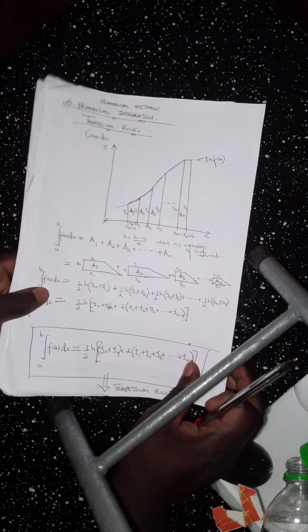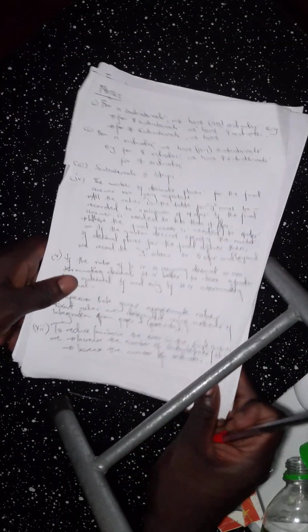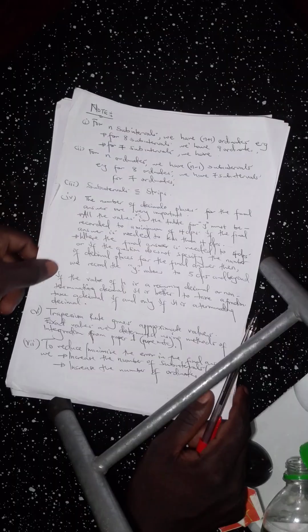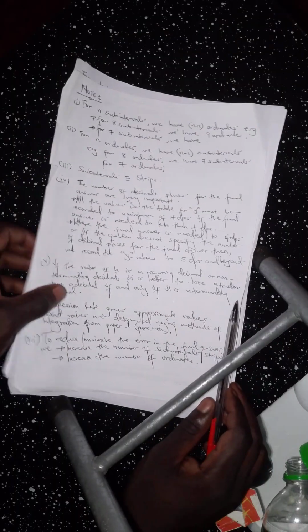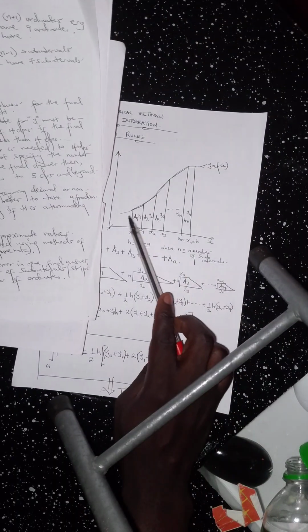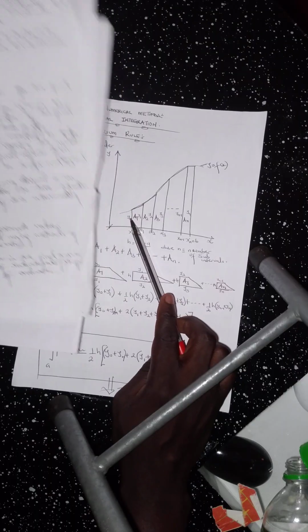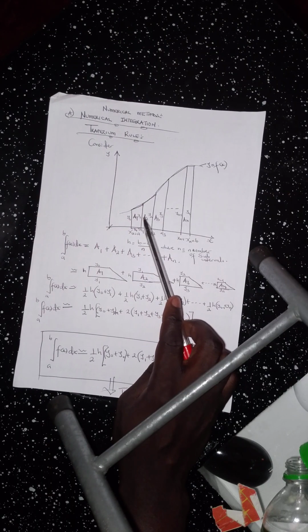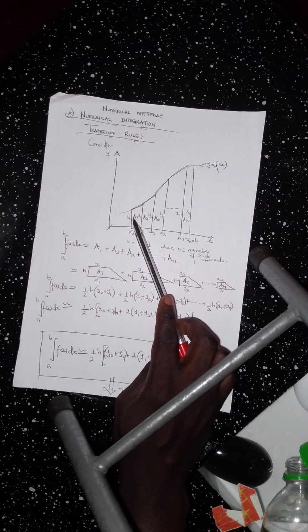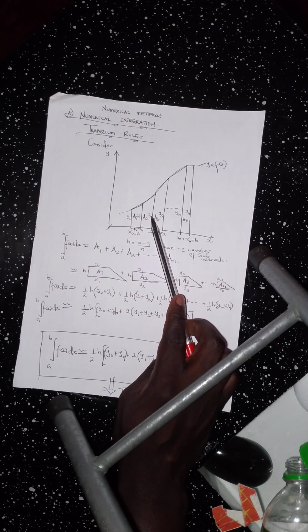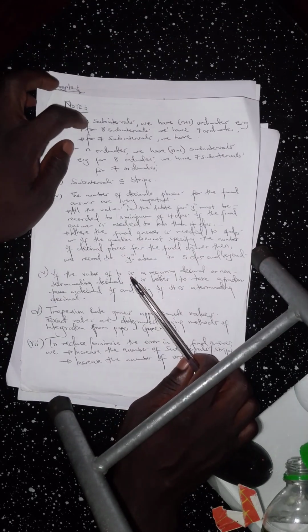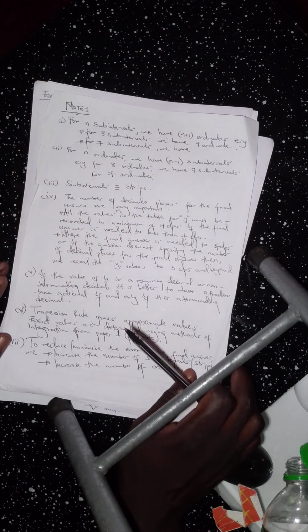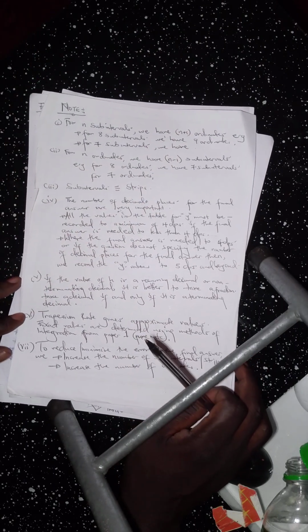Generally, if you have one space between the y values, the y values are 1, 2. If you have two spaces, the y values are 1, 2, 3. So for n sub-intervals, we have n plus 1 ordinates or y values.